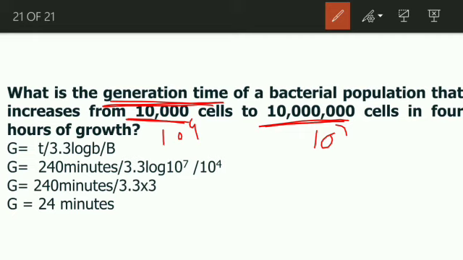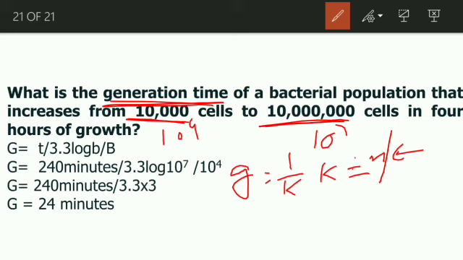You know how to calculate this. G is equal to 1 by K, and K is equal to n by t. So G is equal to t by n, as G is equal to 1 by K.